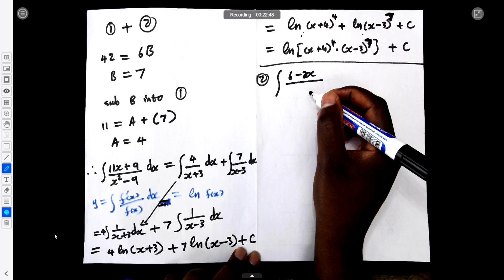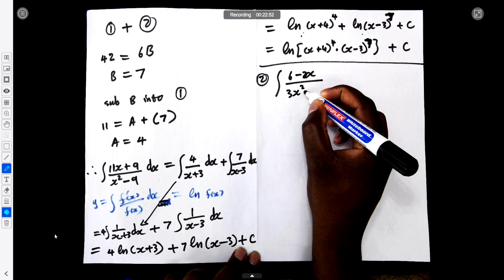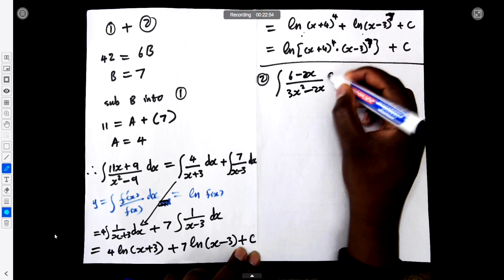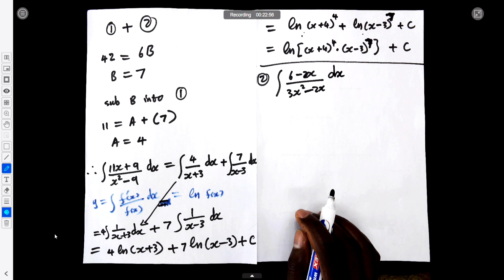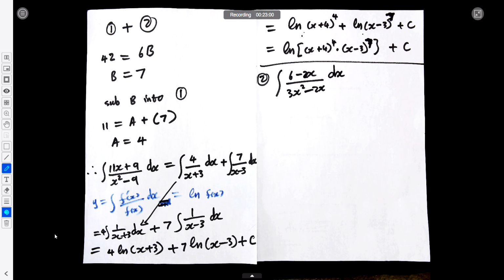So we have (6 minus 2x) all divided by (3x squared minus 2x), therefore dx. So we need to integrate.